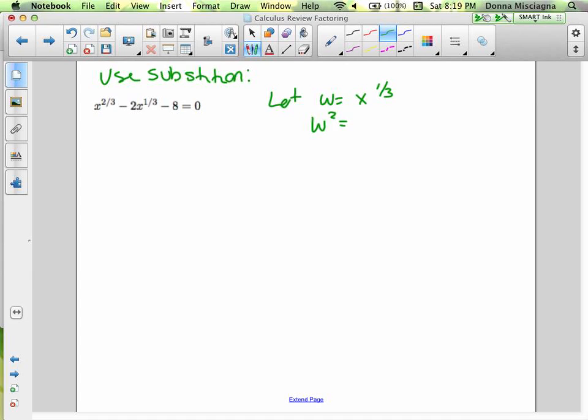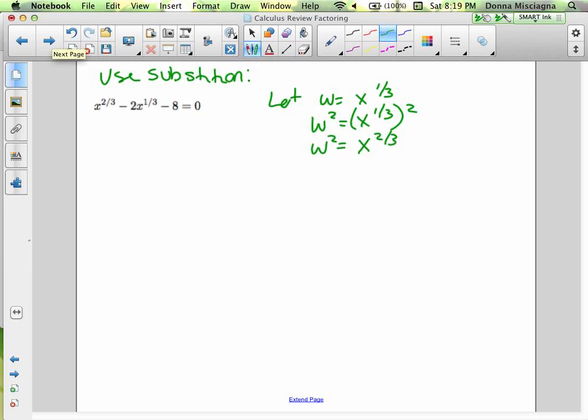Then w squared equals x to the 1/3 squared. If we raise a power to a power, we multiply exponents. 1/3 times 2 is 2/3. So w squared is x to the 2/3.